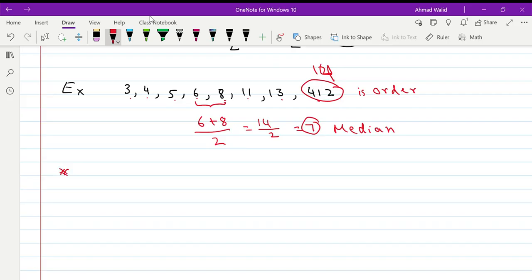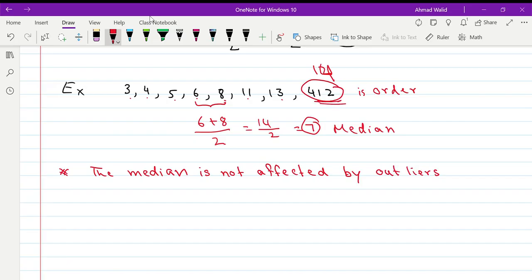The median is not affected by outliers. You see, 412 is an outlier.